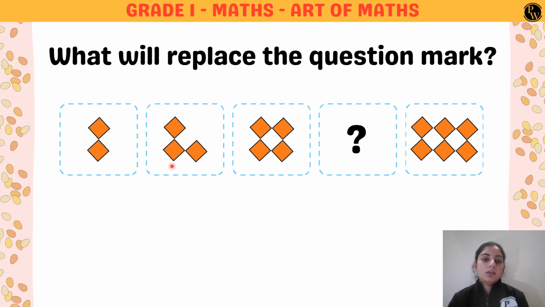We can see one shape is being added to each next box. So, on adding 1 to the third box that has 4 shapes, we will get 5 shapes in the fourth box. That will replace our question mark. Correct. So this is our answer.